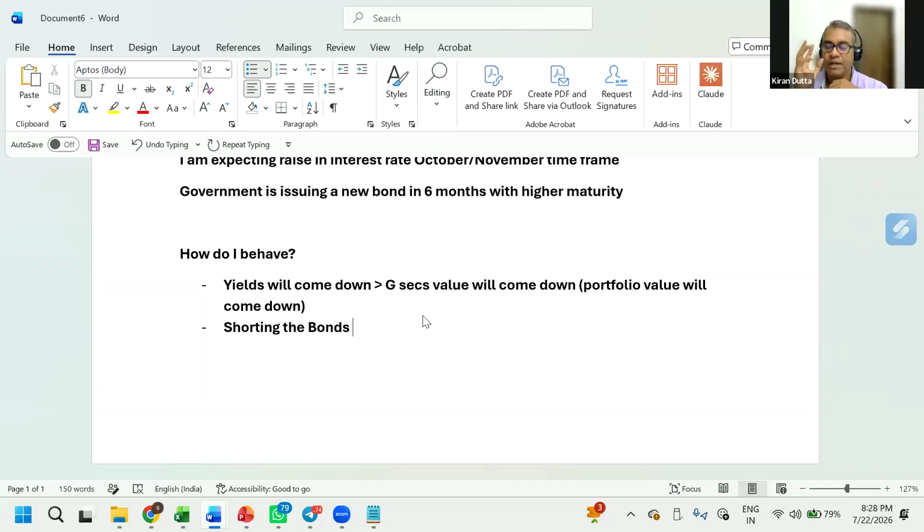What RBI told was, and who are the big absorbers of the bond market? Primarily banks, insurance companies and institutions. It's not you and me, not the investors who put lakhs of crores into the debt market. What RBI told at one point was that if you had purchased bonds with a certain maturity, you have to hold them until maturity.